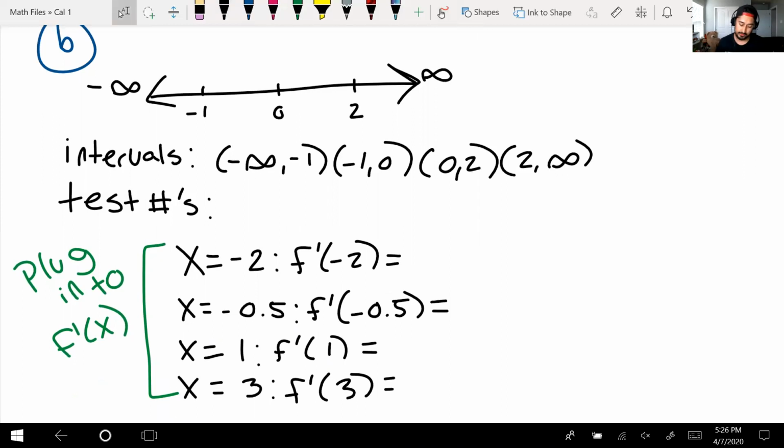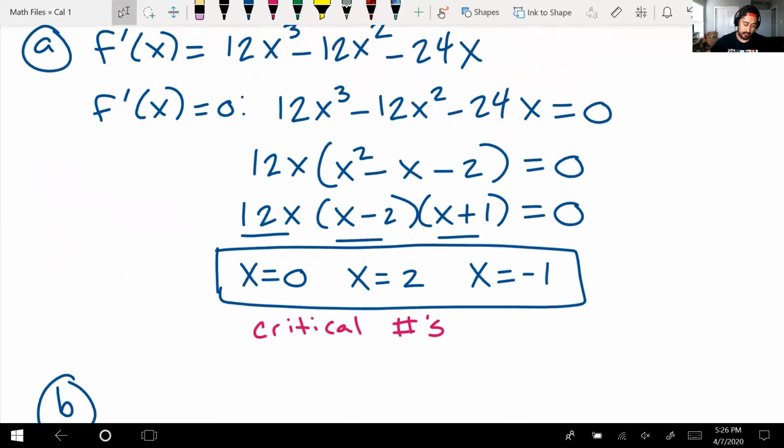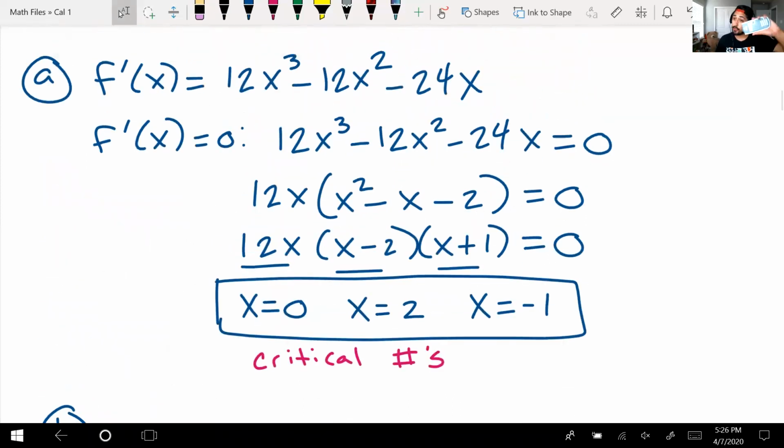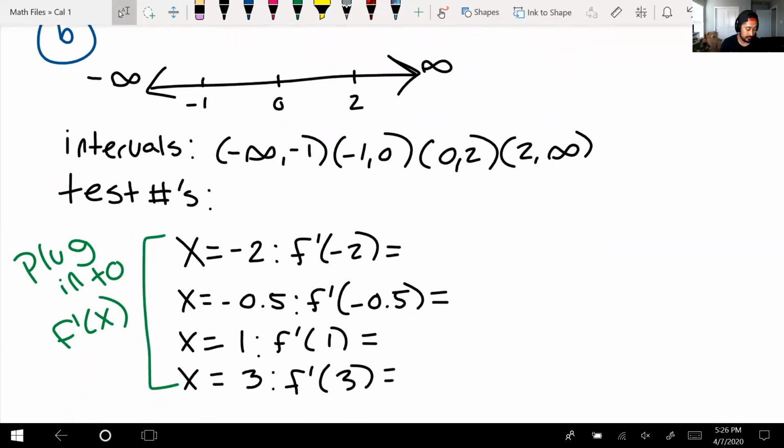Okay, so let me look at my first derivative, which is there. I'm going to use the calculator table trick to make this a lot faster. 12x cubed minus 12x squared minus 24x. Enter.